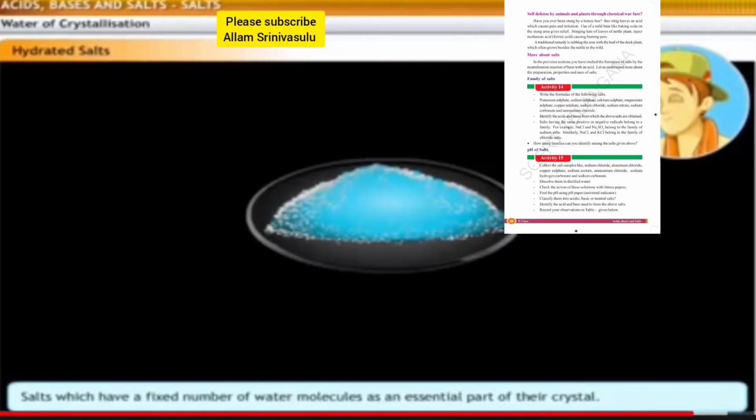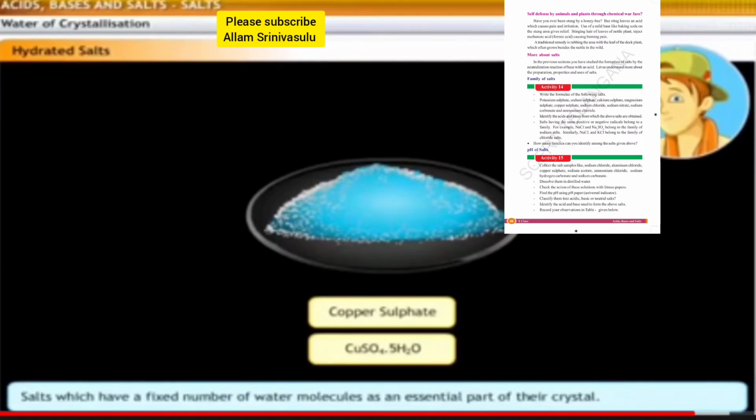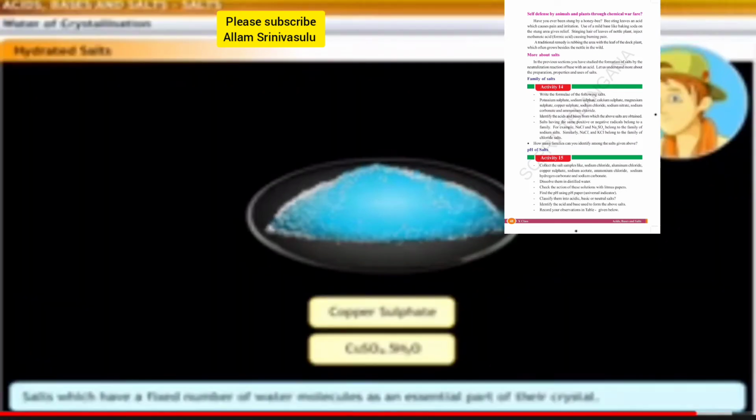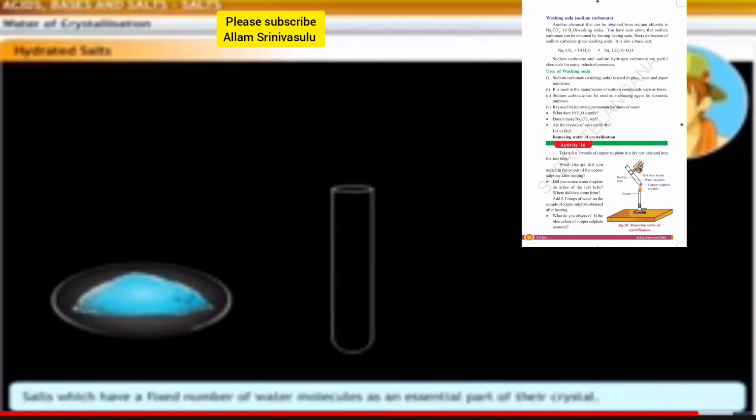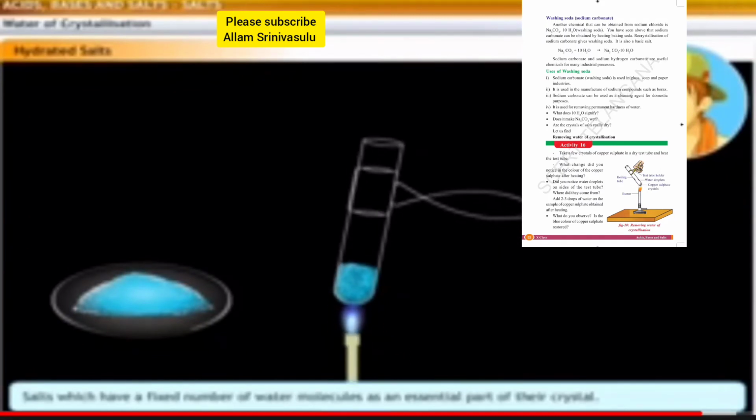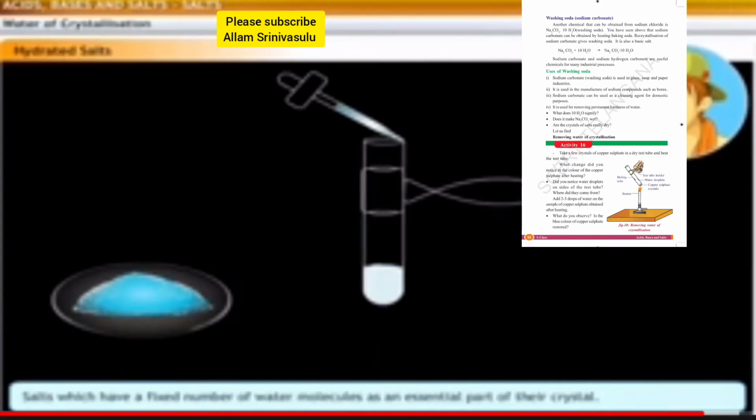H2O is formed. Here there is also copper sulfate reacting with water: CuSO4·5H2O is present. The pure color is blue. Take some copper sulfate in a test tube and apply heat gently. It appears white, and water droplets are present on the side of the test tube.